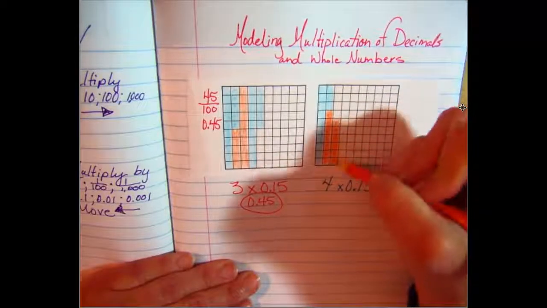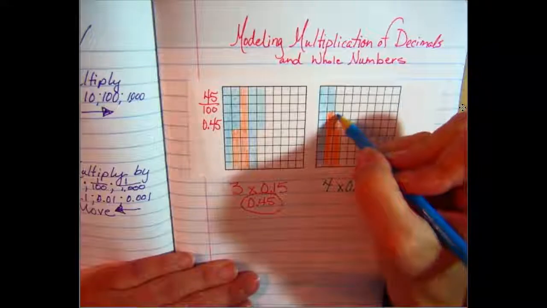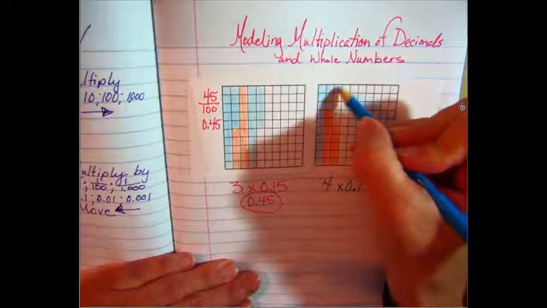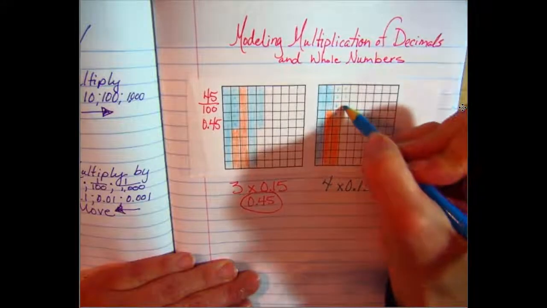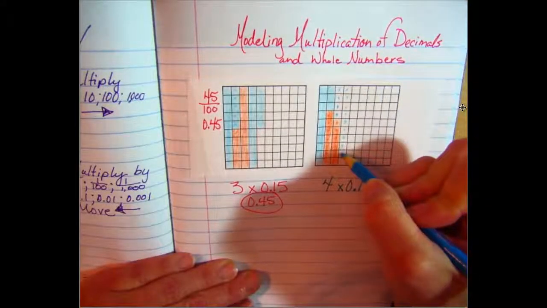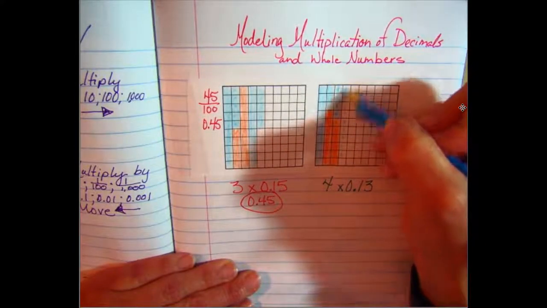And I'm going to switch back to my original color. 1, 2, 3, 4, 5, 6, 7, 8, 9, 10, 11, 12, 13. Now I can go back over all those.